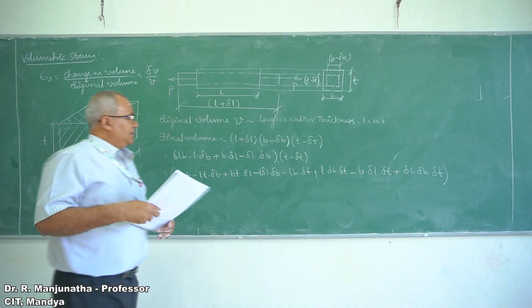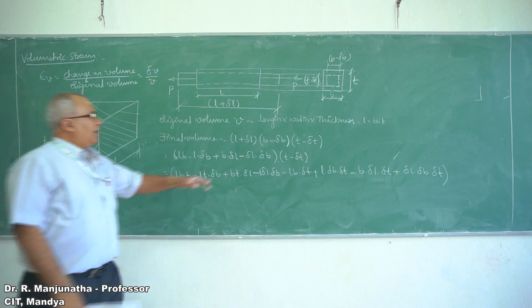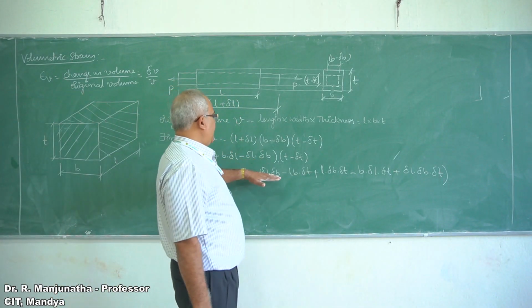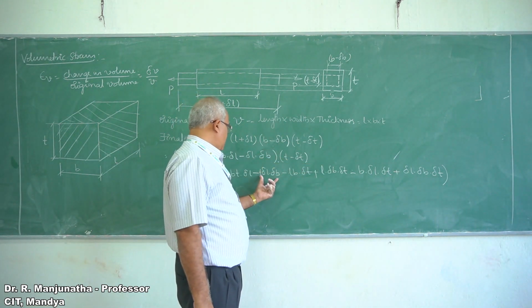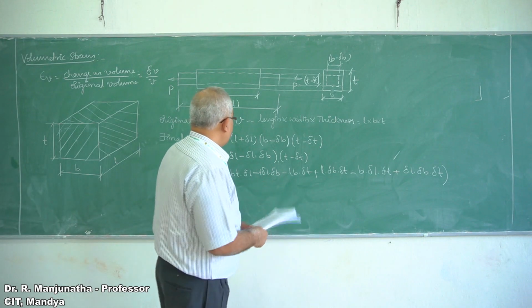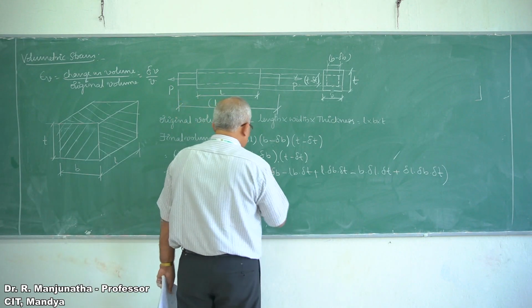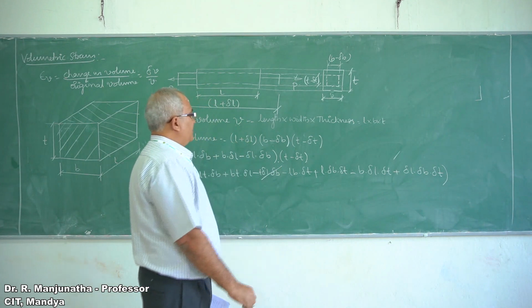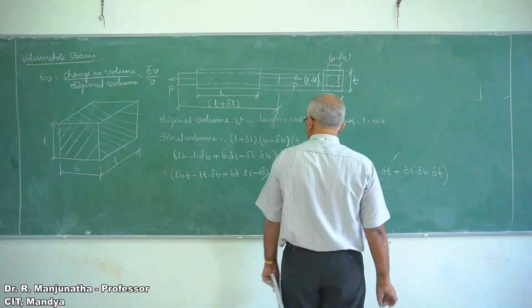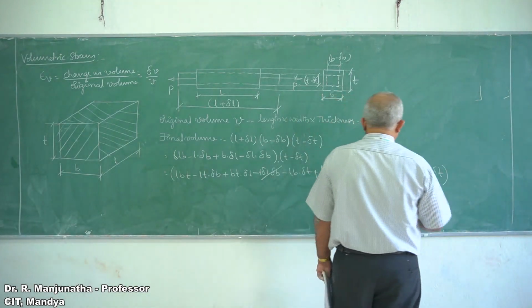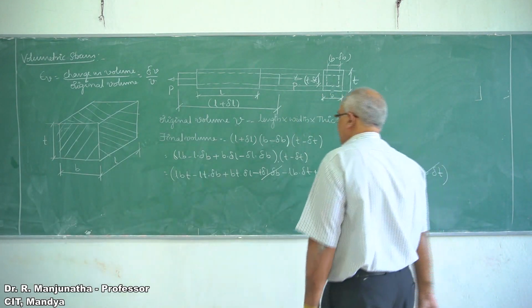Here the delta L itself is a small quantity, and when multiplied by a further small quantity, it becomes negligible. So we can neglect this. Similarly, this can be neglected, and again this can be neglected, and this can be ignored.